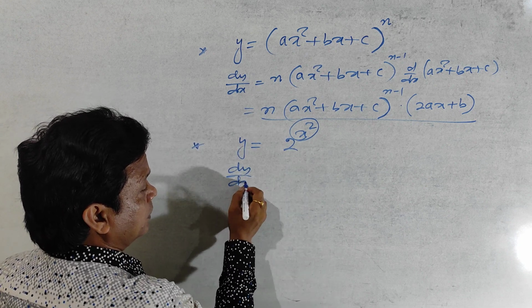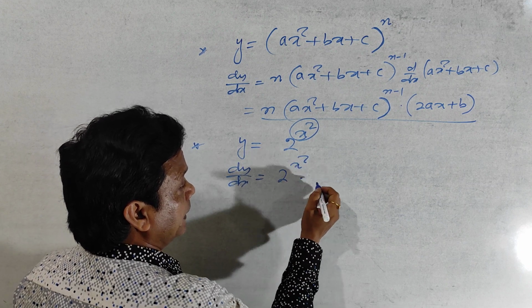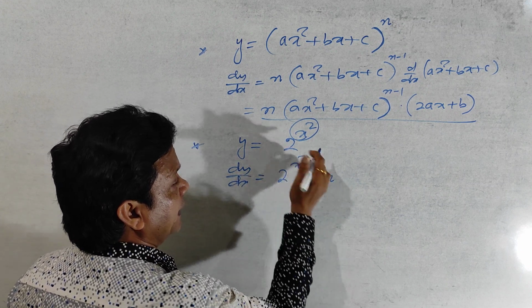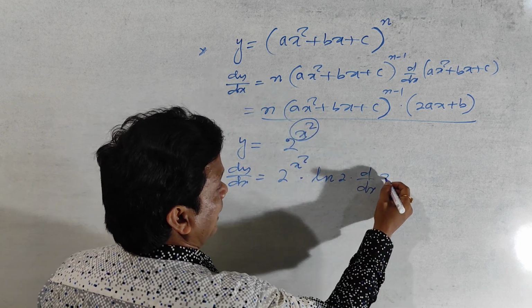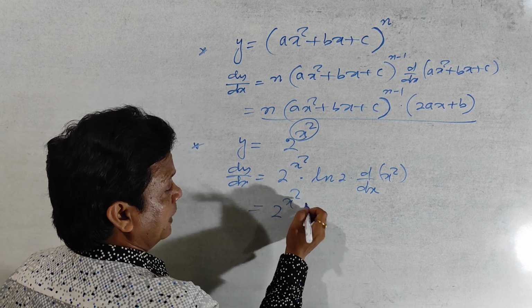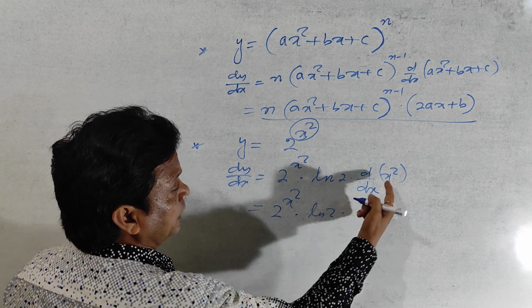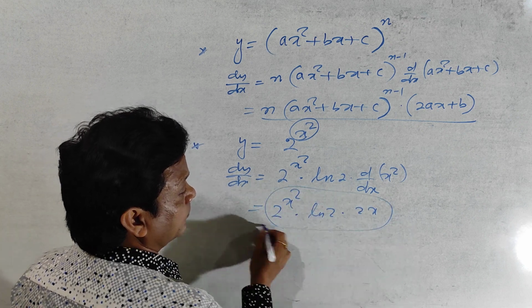So dy by dx is equal to a to the power u, the same thing you have to write, into ln a, here a is 2, into derivative of u, here u is x square. Clear? So 2 to the power x square into ln 2 into derivative of x square, which is 2x. So this is the answer.